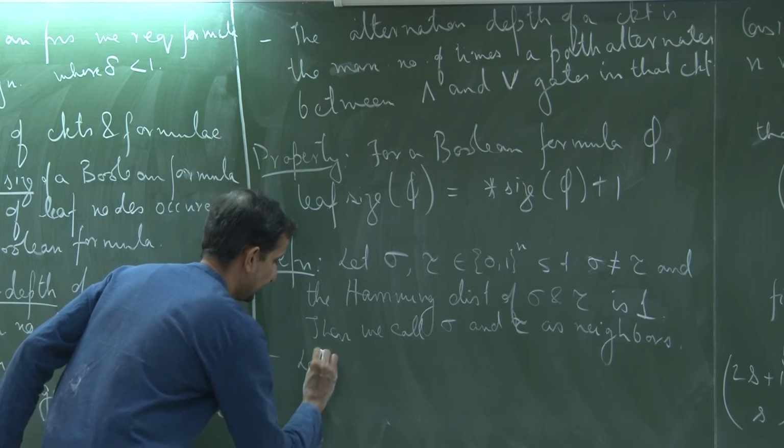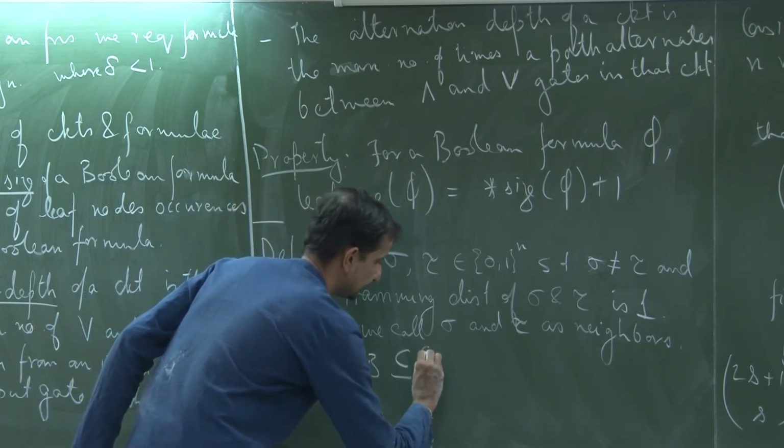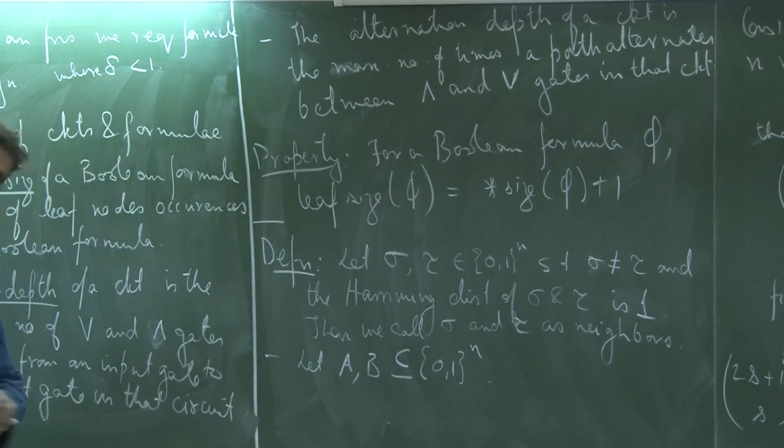Let A and B be two subsets of 0 1 to the power n.